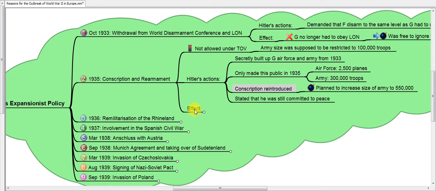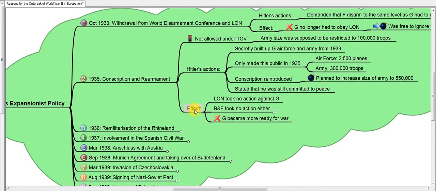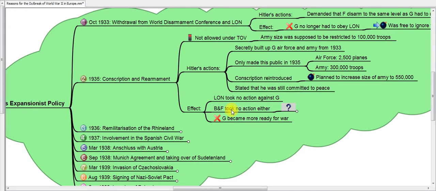Anyway, what was the effect of this? The League of Nations took no action against Germany. This is a common theme you'll see: Germany or other aggressive nations do something, and the League of Nations barely does anything in response. The reasons for this you've learned about earlier. Britain and France also took no action. Why?